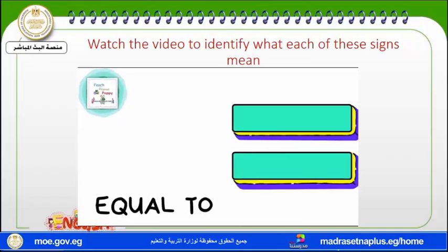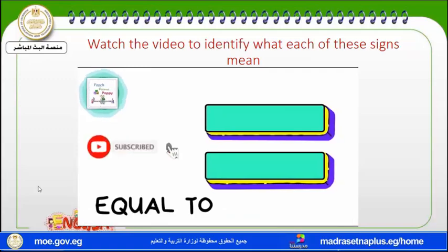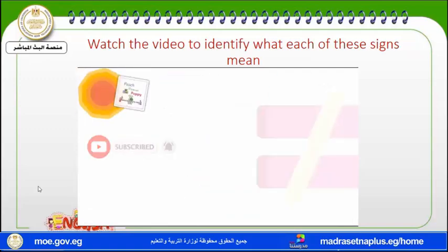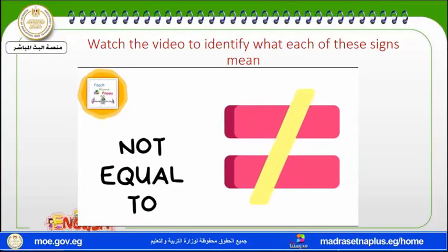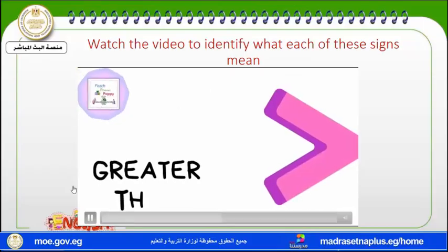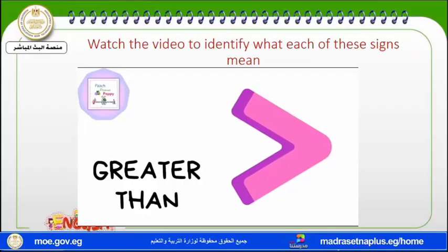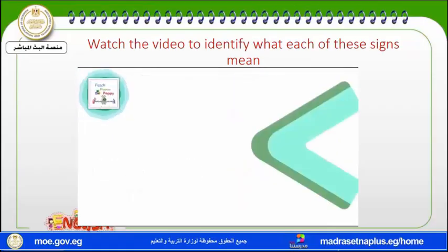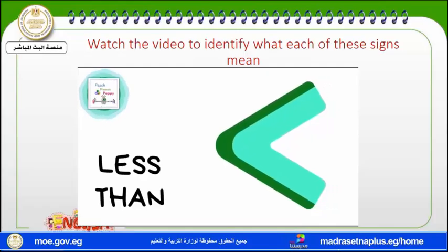Next is equal to. Equal to. Then we have not equal to. Not equal to. The next sign is the greater than sign. Greater than sign. Then we have the less than sign. Less than sign.